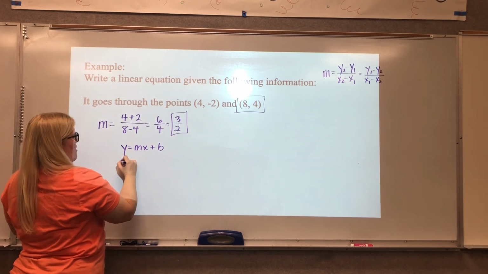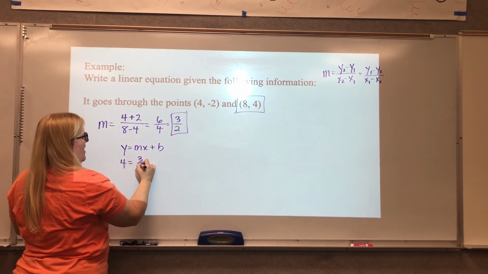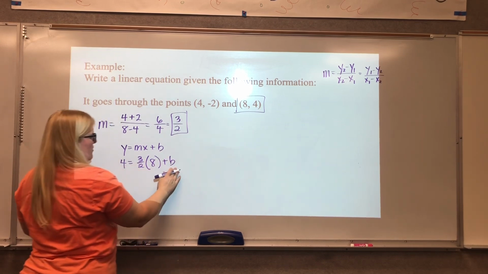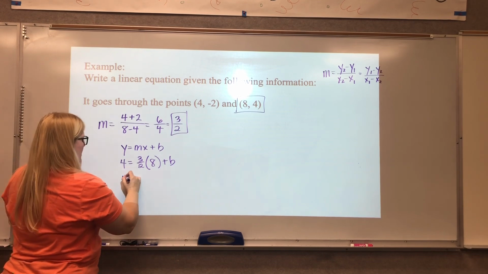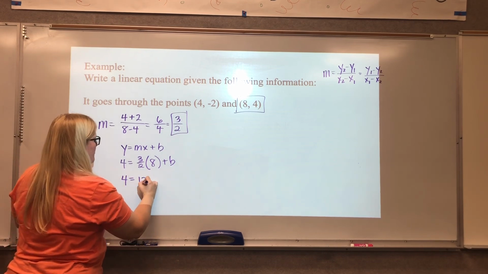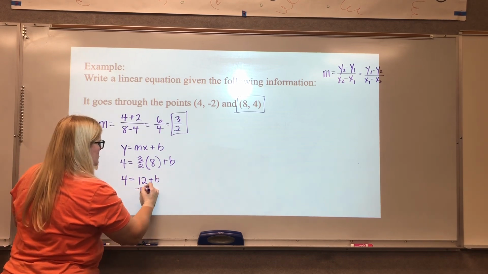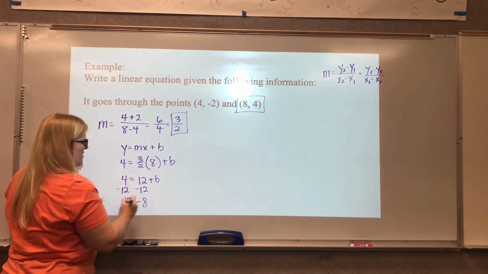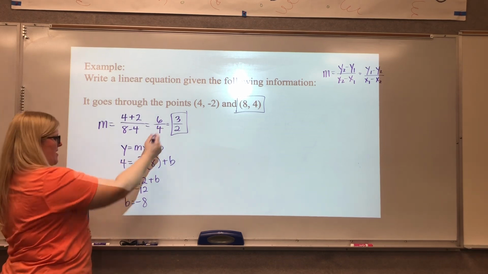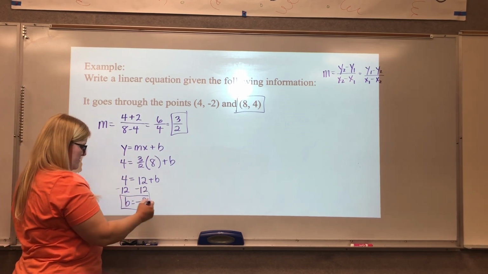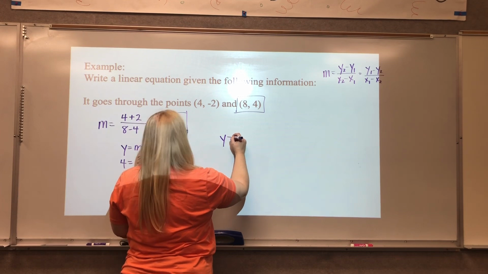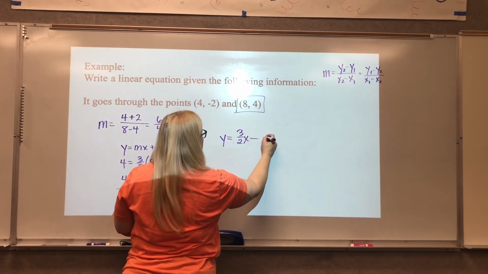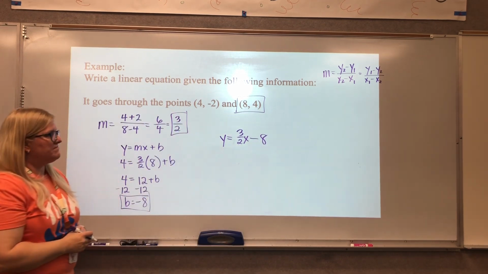So y is 4, m is 3/2, x is 8. We don't know what b is yet. 3/2 of 8 is 12. I subtract 12 from both sides, and I get b equals -8. So there's m, here's b. I have y equals 3/2 x minus 8.